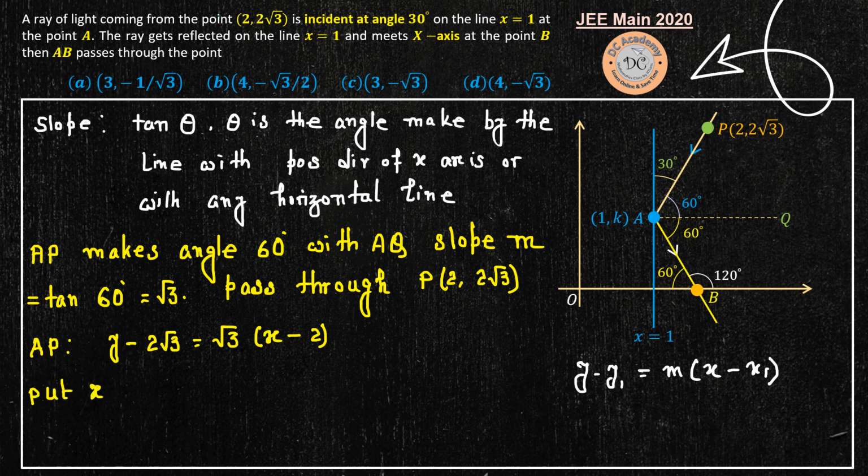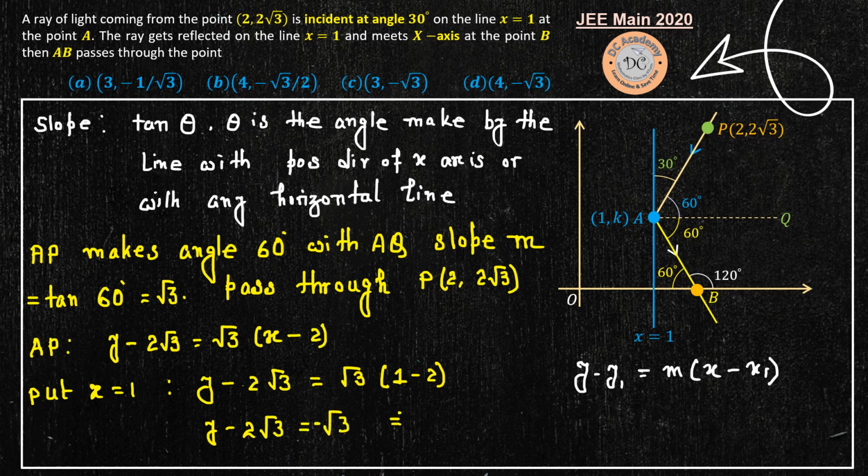So if I put x is equal to 1, what happened in the given equation? y minus 2 root 3 is equal to root 3 into 1 minus 2. That gives me y minus 2 root 3 is equal to root 3 minus 1.